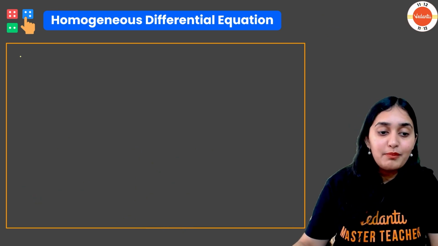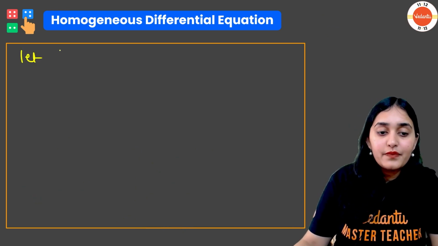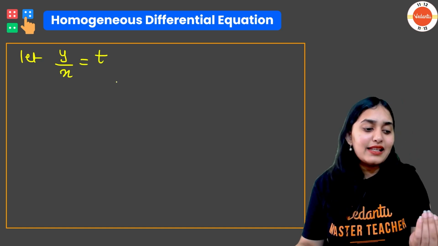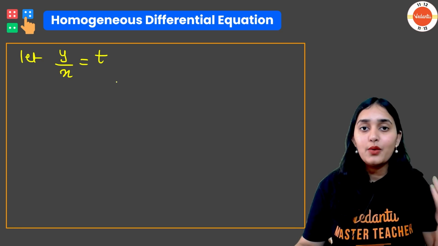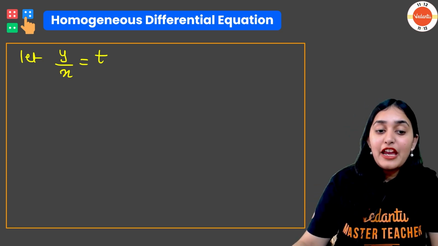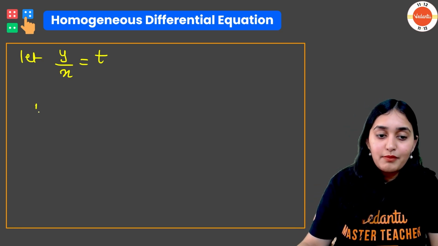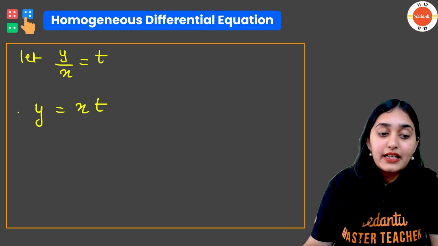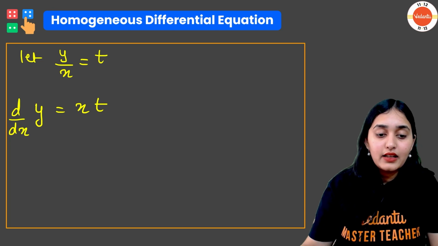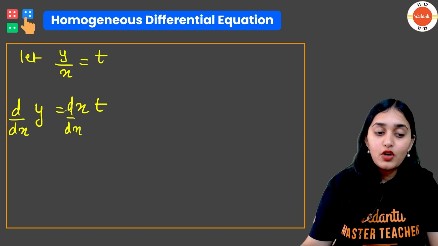Now what will you do? Now you will simply put let y upon x is equal to t. T is again some arbitrary variable we are taking. Now if y by x is t, this implies that y is equal to x into t. Let us differentiate it with d by dx. What will you get?